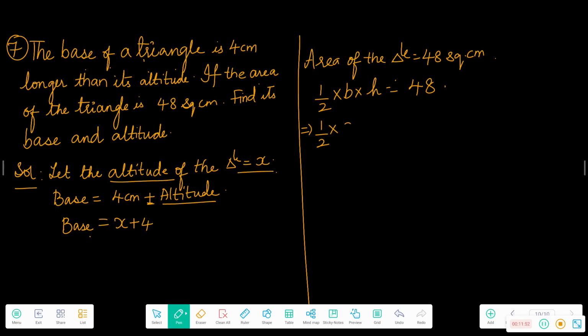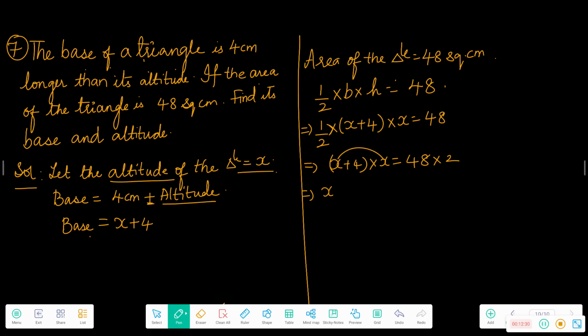So half times base x plus 4 and altitude x is equal to 48. So we will get x plus 4 times x is equal to 48 times 2.